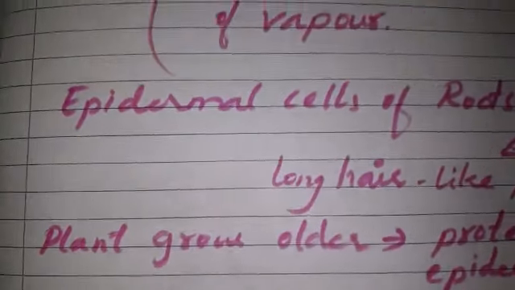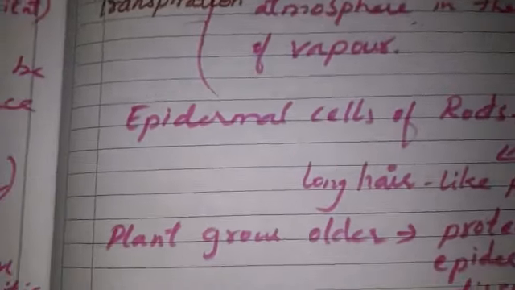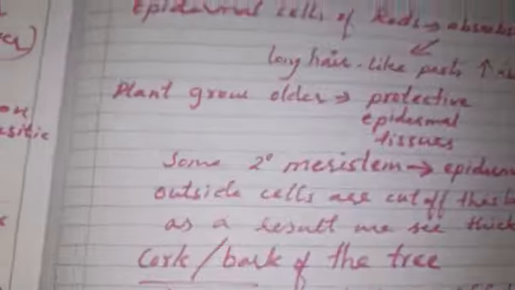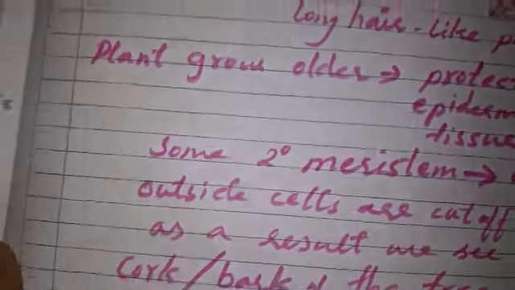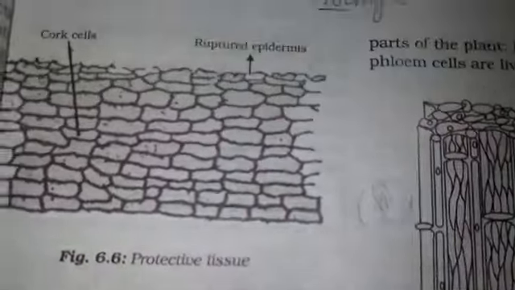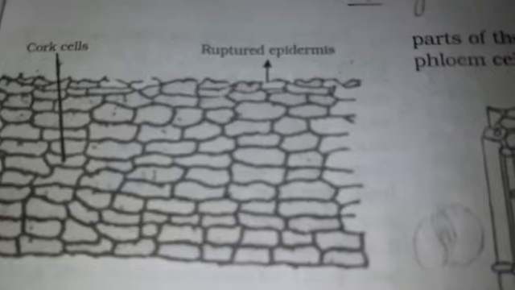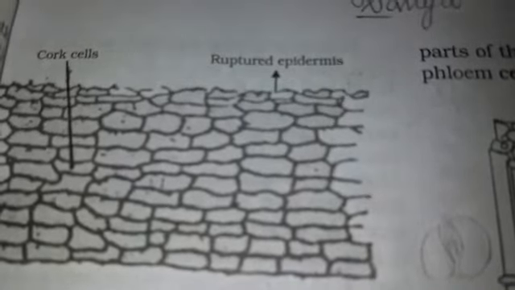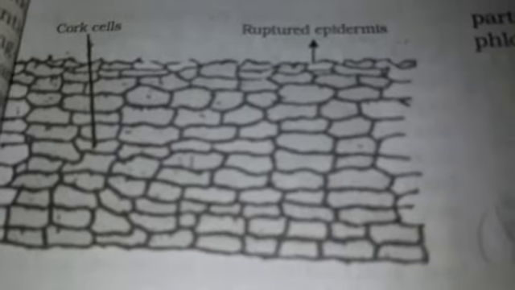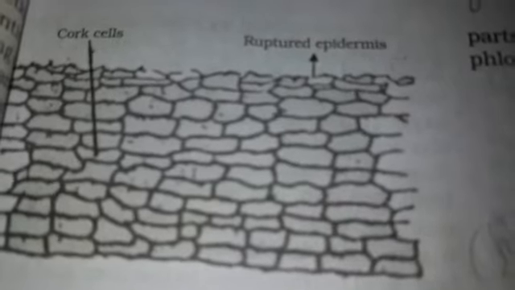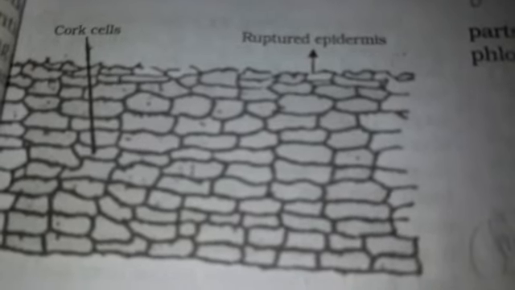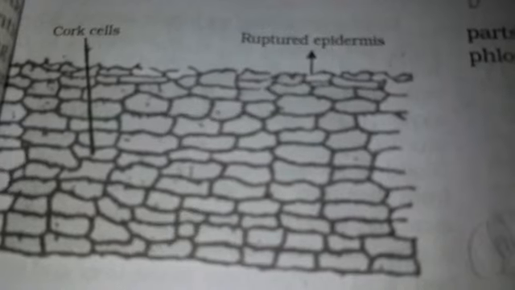Now we will move on to the older plant, how the epidermal cells are. Just have a look at this picture 6.6. This is cork cells. When the plant grows older, it must have a protective epidermal tissue.